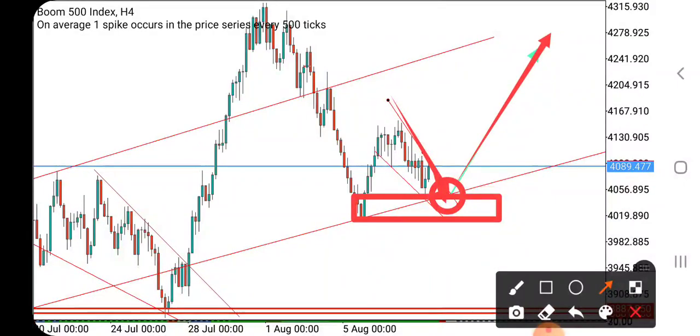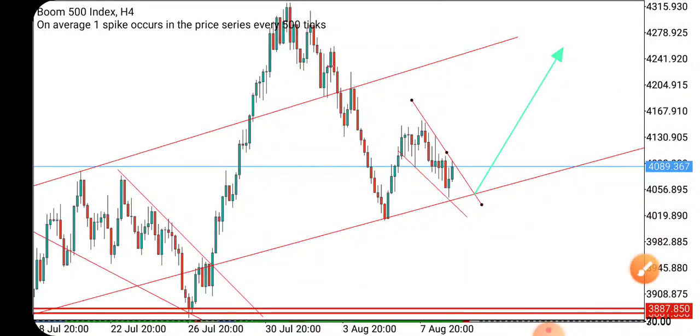If the price breaks this trend line to the upside and closes this way, we are going to be buying. So I'll be watching anyway. If there's any breakout, or if there is a retest to that line, we are definitely going to be taking trades. I just want to break this down.